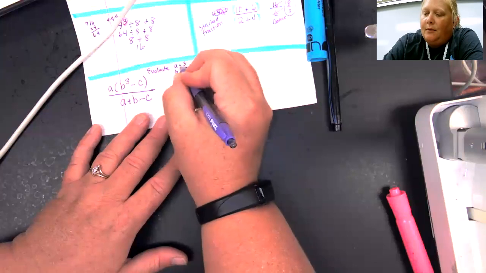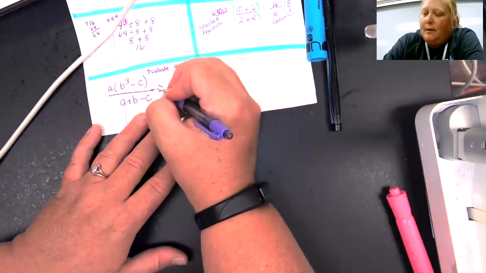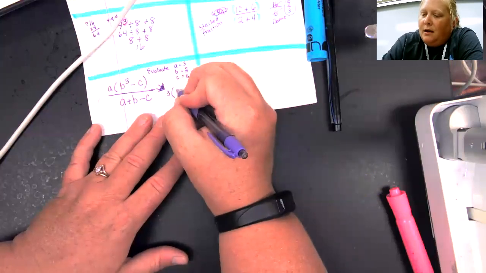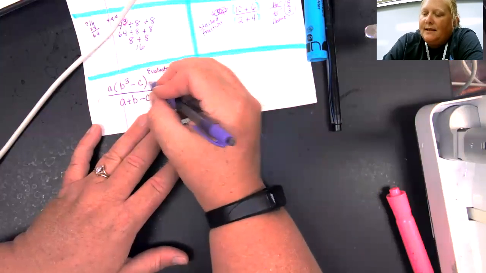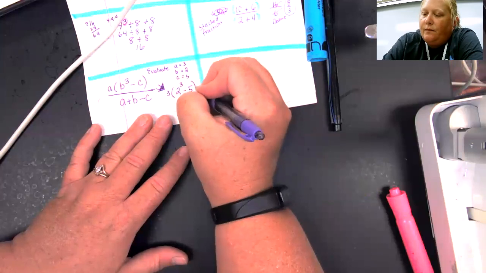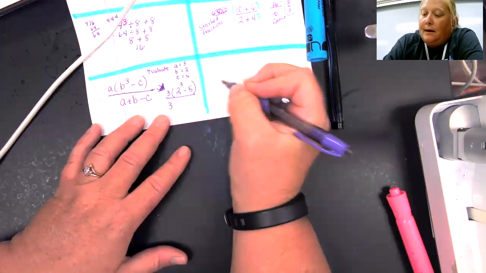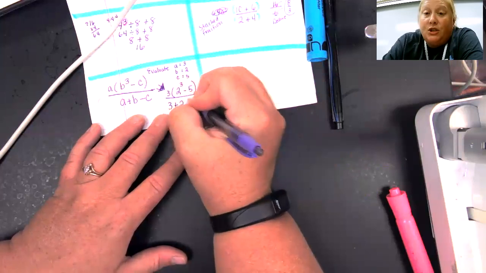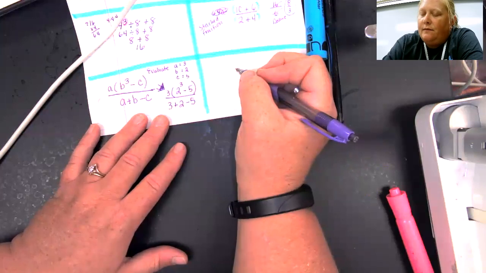So instead of a, I'm going to put a 3. And I'm going to write it the exact same way. So I'm coming down this way. There's my arrow. b cubed, 2 to the 3rd power, minus, now what's c? c is 5, all over a, which was 3, b, which was 2, and c, that's 5.